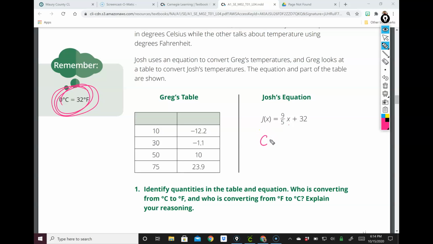So Josh has Celsius to Fahrenheit. Craig has Fahrenheit to Celsius.